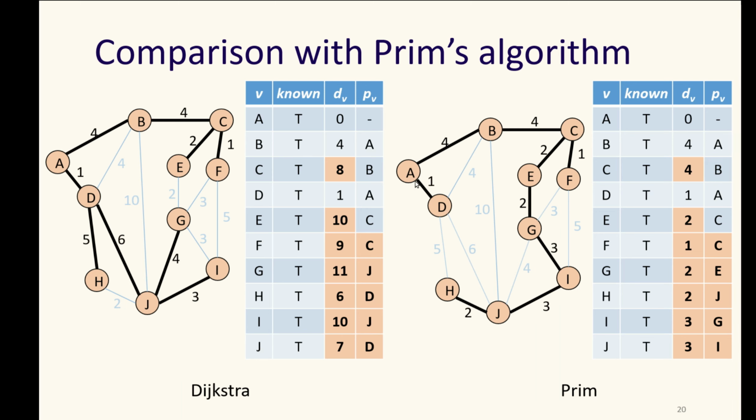If we compare with Prim's algorithm, the major difference is going to be, obviously right away, that the distance values, many of them, will be much larger than Prim's, because we're not looking at just direct connections, like the cost of 1 to get to F from C. We're looking at the cost to get to F from A, which is a much longer path, costs more.